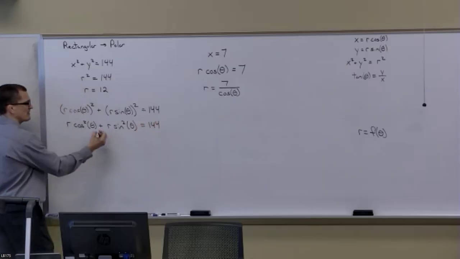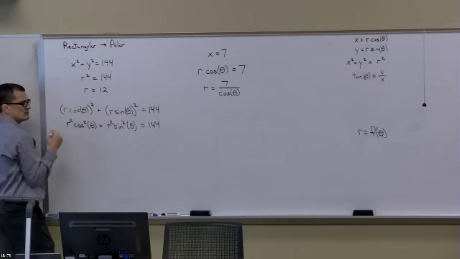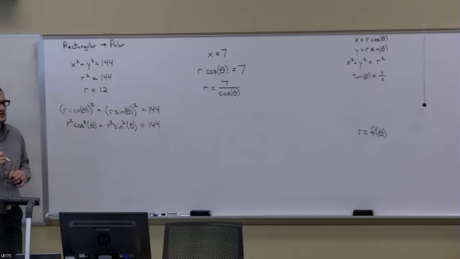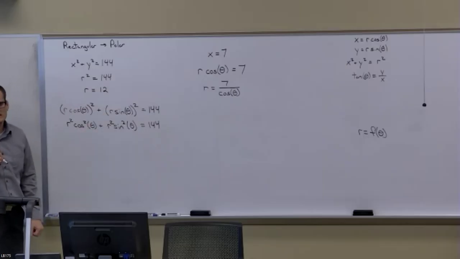You could have r squared, excuse me. I have to square the r and square the cosine. Square the r and square the sine. Right, that way.